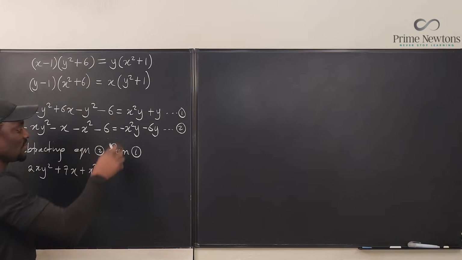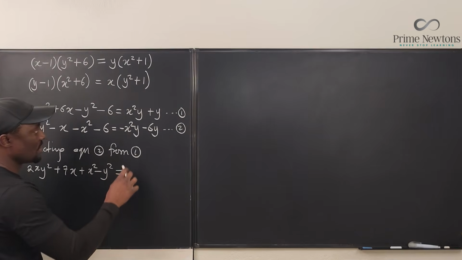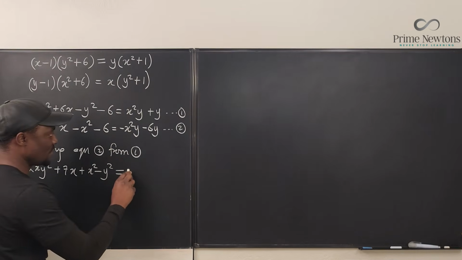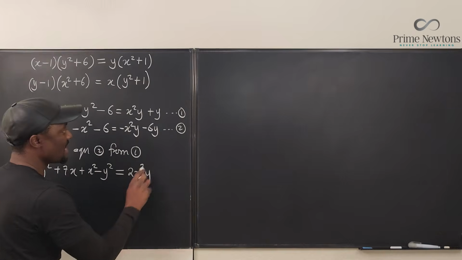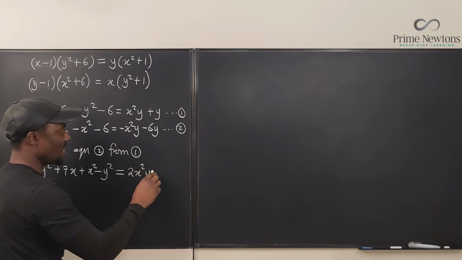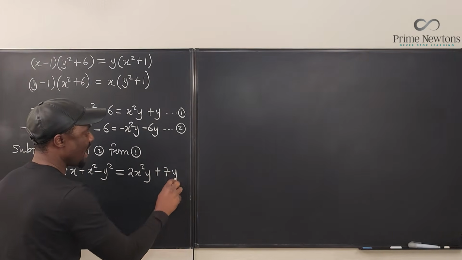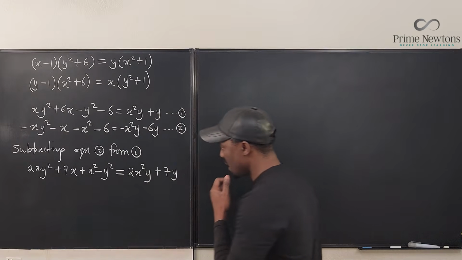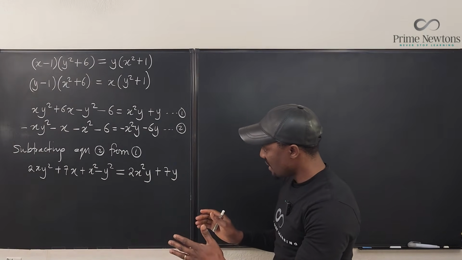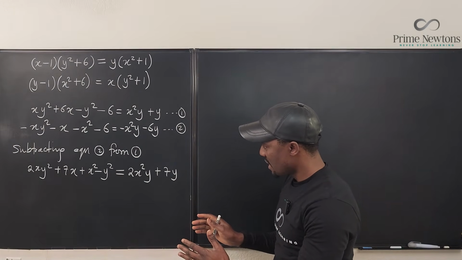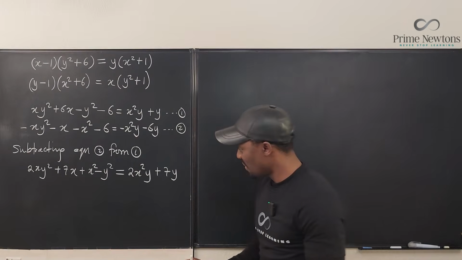Subtract this from this, you get 0, so that's gone. Subtract this from this, you're going to get 2x squared y. Subtract this from this, you're going to get plus 7y. Okay, do we have anything that cancels out? No, nothing cancels out.